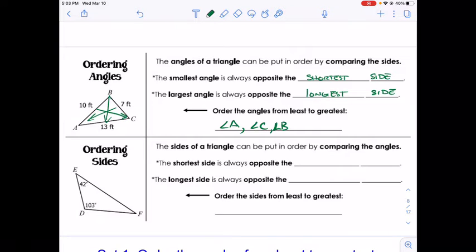So now when we're looking at ordering the sides of a triangle, they have been ordered by comparing the angles. The shortest side is across from, or say opposite, the smallest angle. The longest side is opposite the longest angle, or I should say the largest.